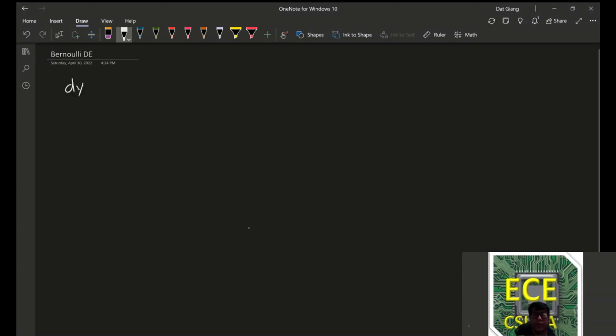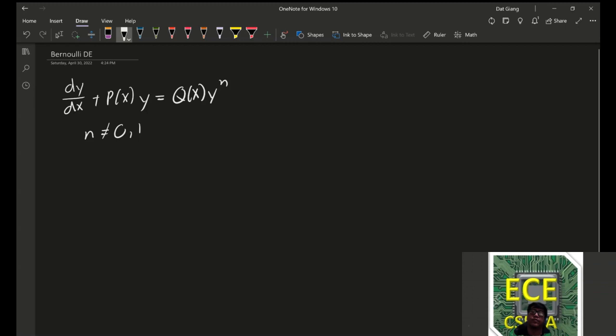We have the following form: dy/dx plus p of x y. This is familiar from our first-order linear differential equation, but with one exception: q of x y to the n. Now, n cannot be 0 or 1.